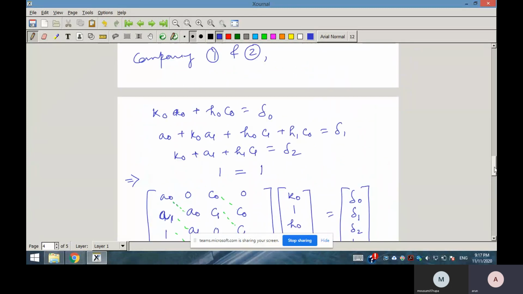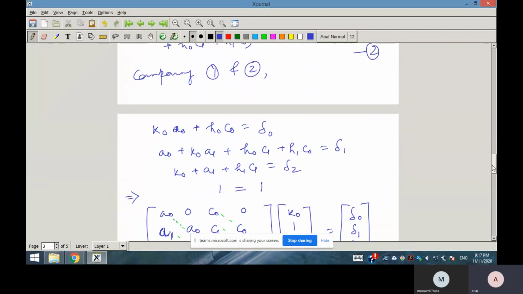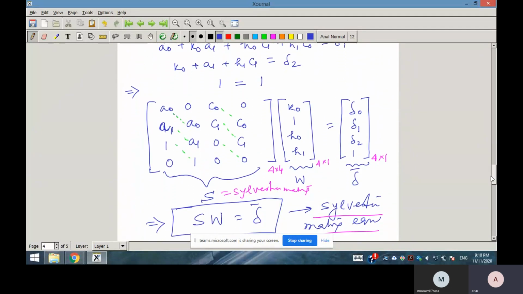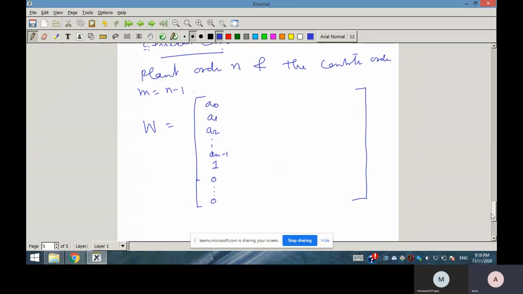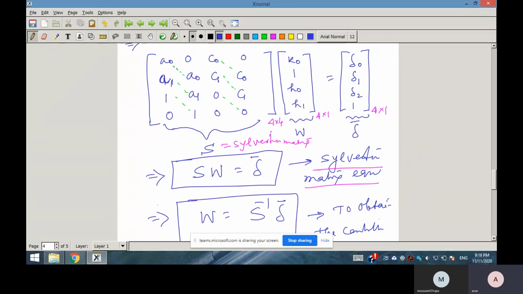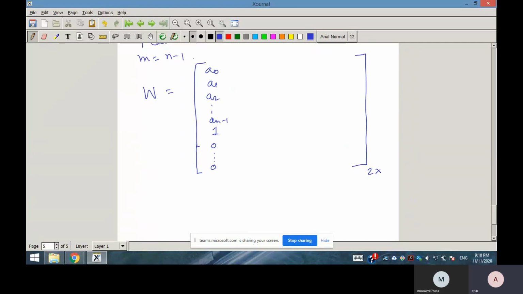Here the size is 2n cross 2n, because n equal to 2. So in general, this is size, not order. This size is 2n cross 2n.